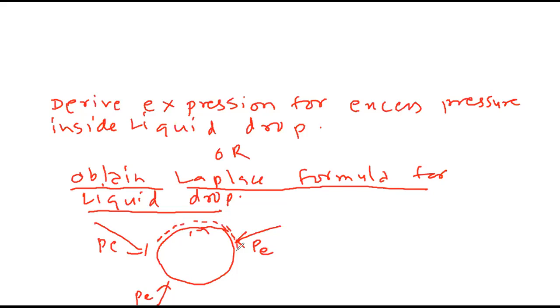This is a very small change. It can expand only when internal pressure is more. If this radius is R and this expansion is dr, we want to find that extra pressure in terms of R. Just draw the diagram. This is the entire liquid drop.